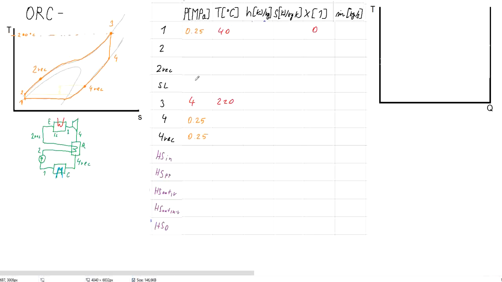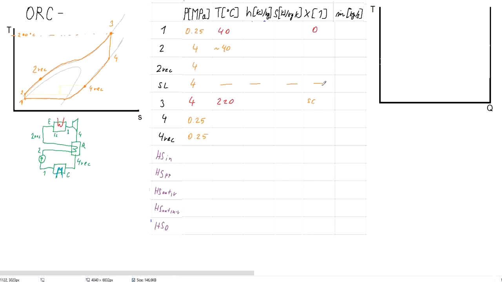Then this selected pressure of 4 megapascals will be also in here, all the way to the pump outlet. At the pump outlet the temperature will be approximately also 40. We can already skip the point of saturated liquid, because nothing like that is present in the supercritical fluid, and we know that at the point 3 it's supercritical working condition.